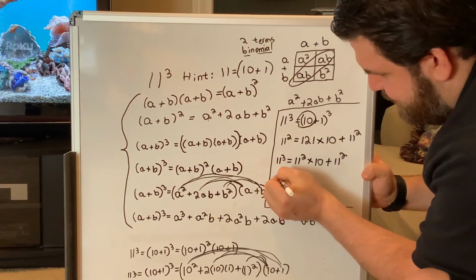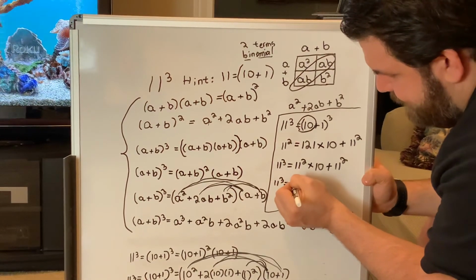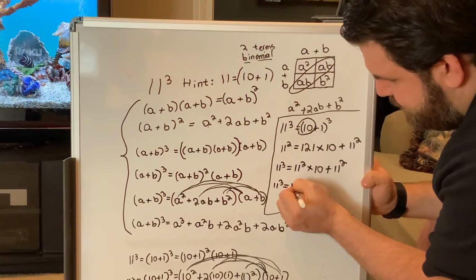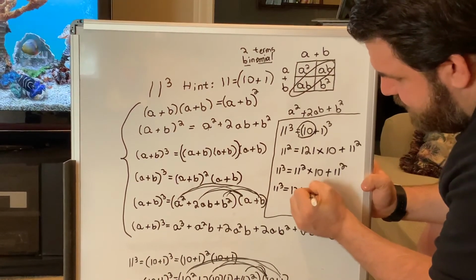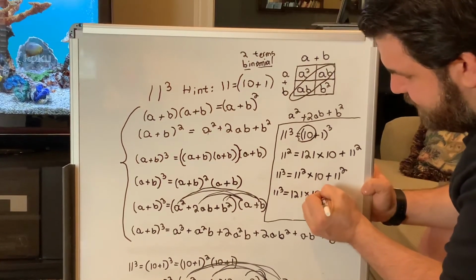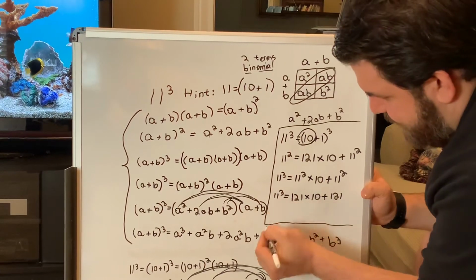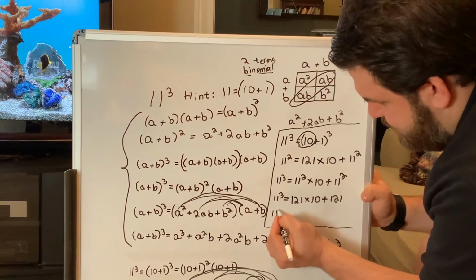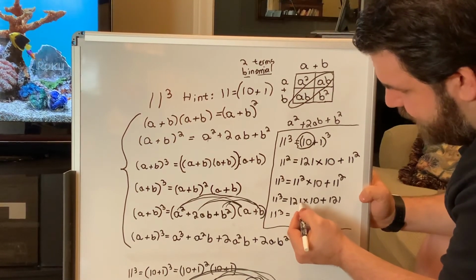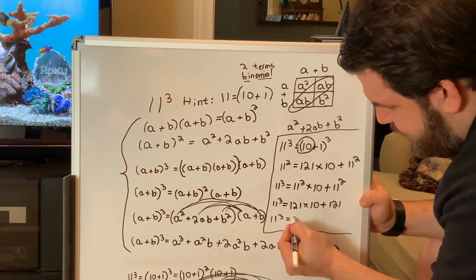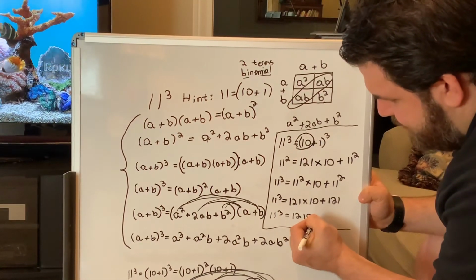So 11 cubed equals 121 times 10 plus 121. And so 11 cubed equals 1210. You just add a 0. 1210 plus 121.